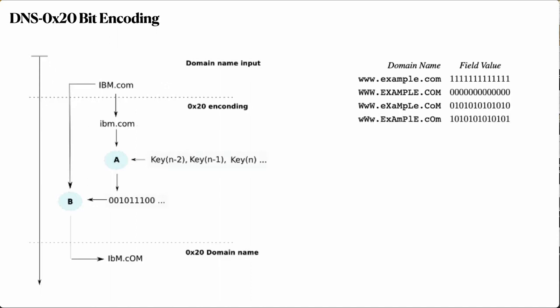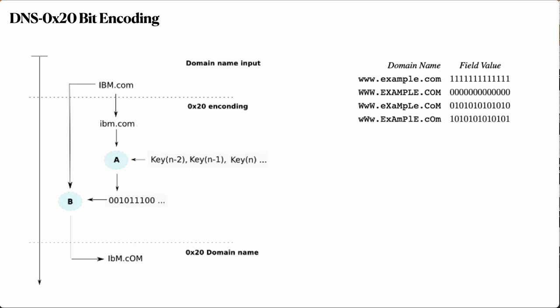So now we come to the mitigation of this DNS cache poisoning attack. In this paper, it proposed a DNS 0x20-bit encoding mechanism. How it works is, after a domain name input arrives, either from a server or as a query from a resolver, the query fields will be transformed into all lowercase, and then the query will be encrypted using maybe AES, and the key will be shared by all queries on this recursive resolver.